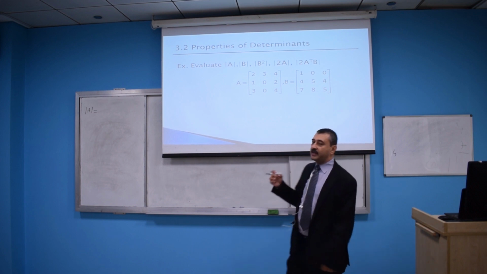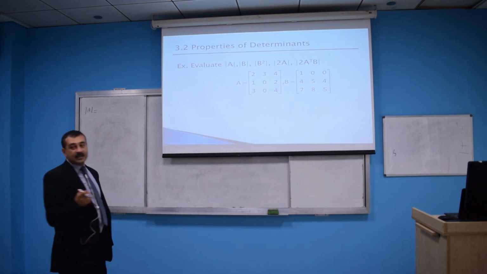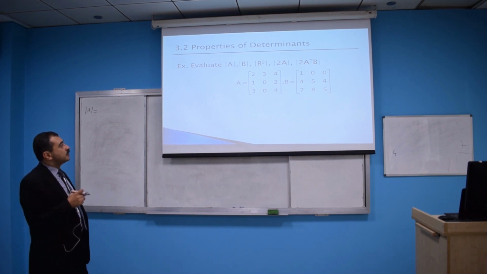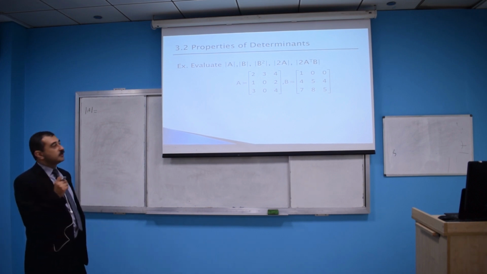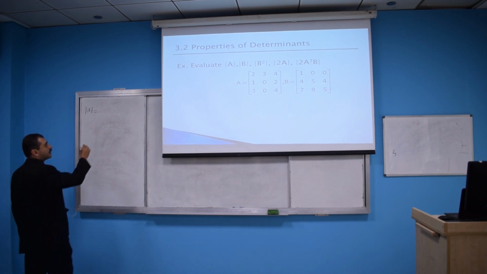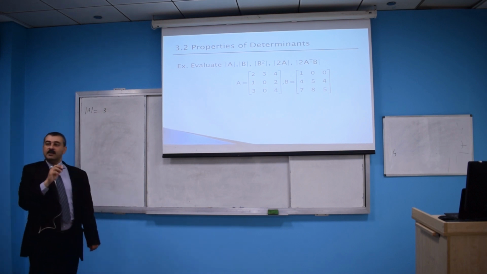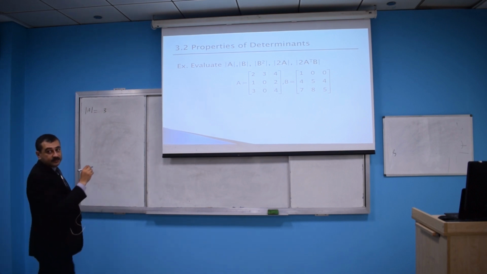Which row or column do you prefer to find the determinant of A? The second column, because it contains a lot of zeros, which is 3, 0, 0. So first I write 3, positive or negative 3? Negative, right?